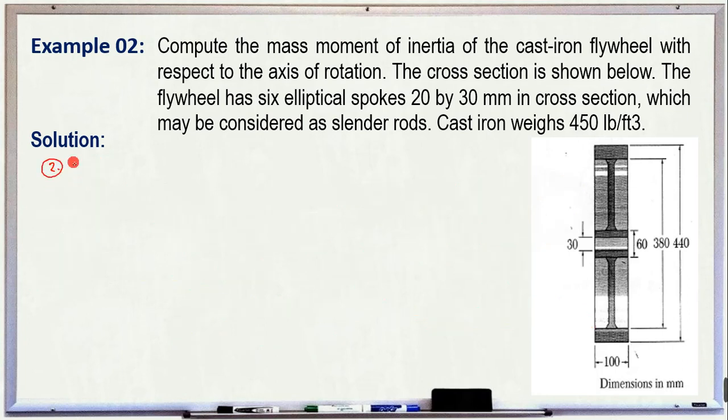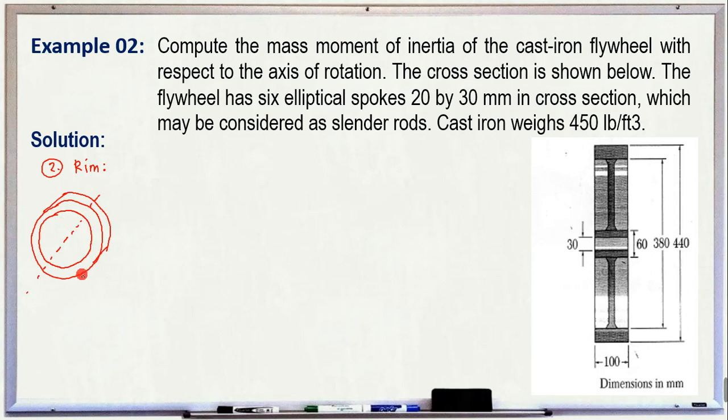Next is yung ating rim. So for number 2, we have the rim. So ito yung drawing ng ating rim. And then ito po yung ating inertial axis. So still, para siyang hollow cylinder.